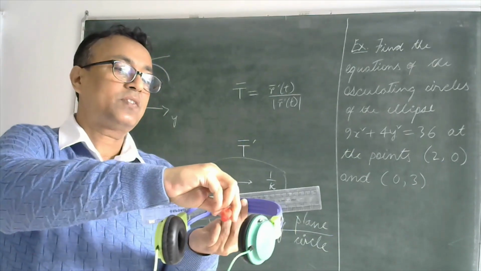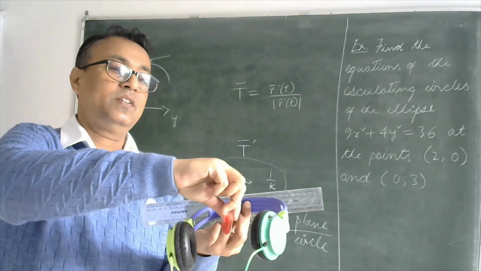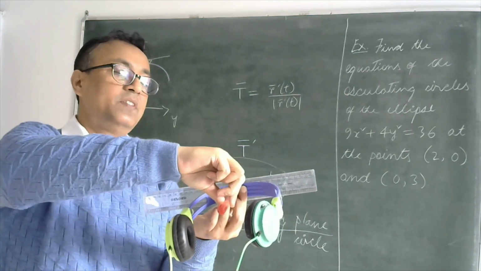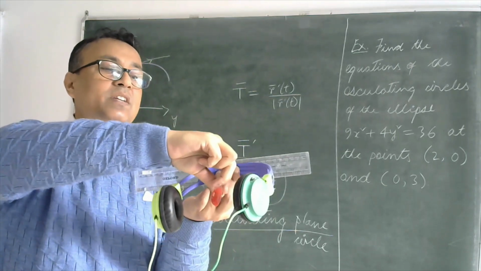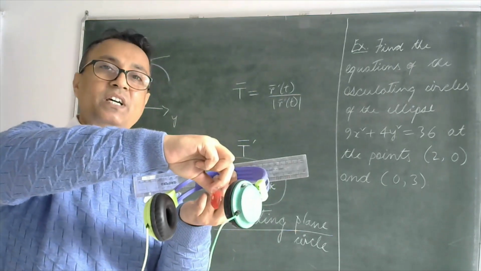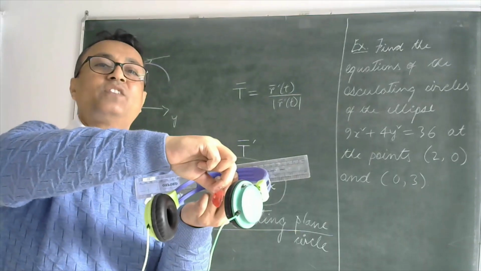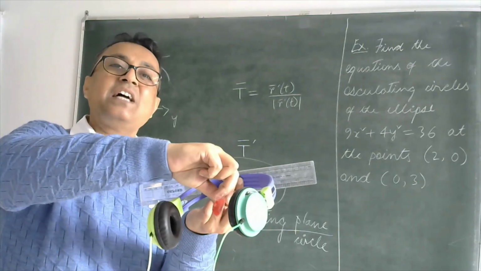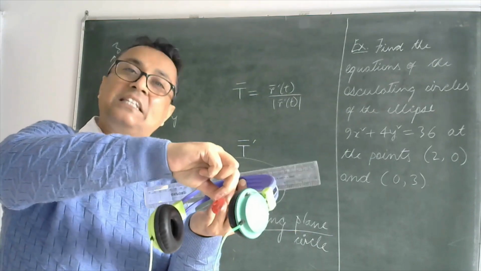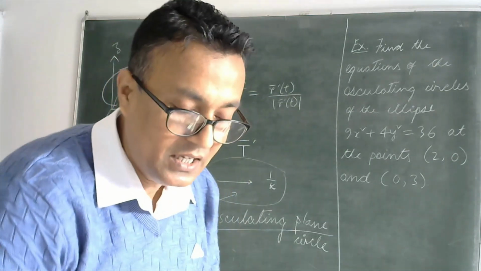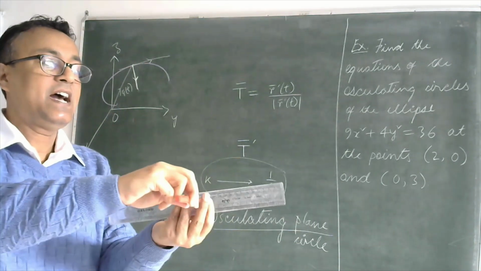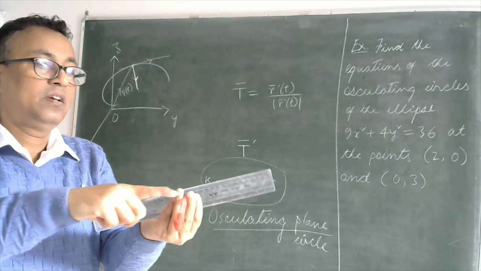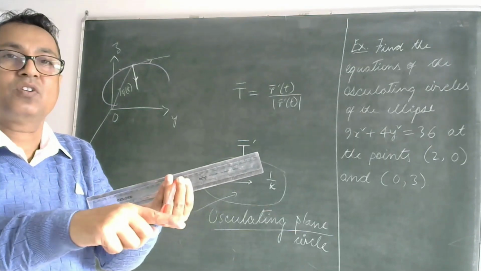So the normal is going to be something like this. This red pen designates the direction of the normal, and we know how to find it in a unique direction: along the direction of T prime. So I have this tangent and I have this normal.